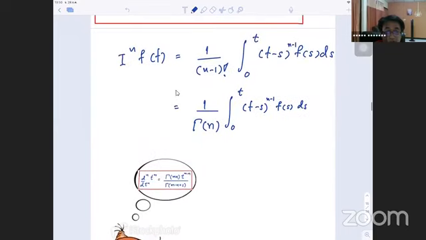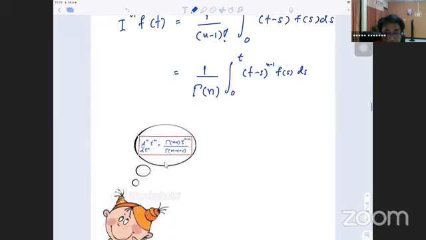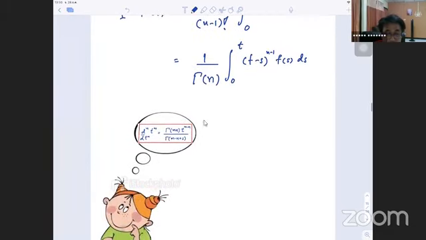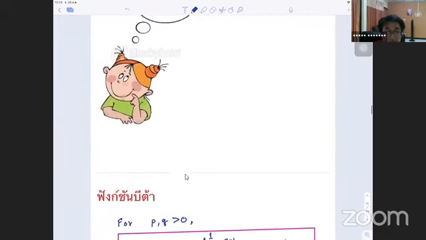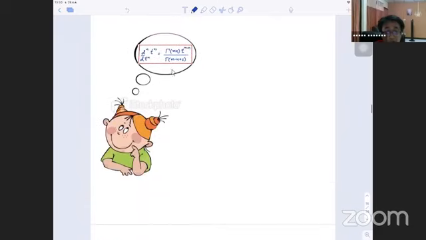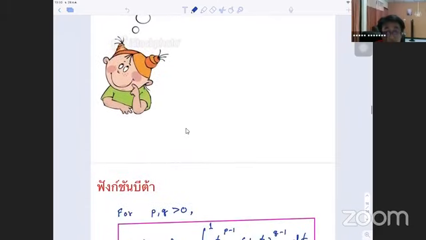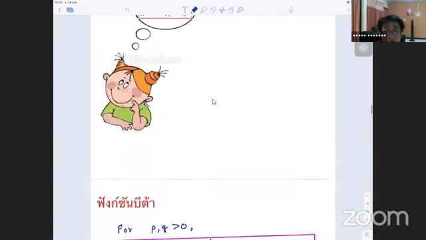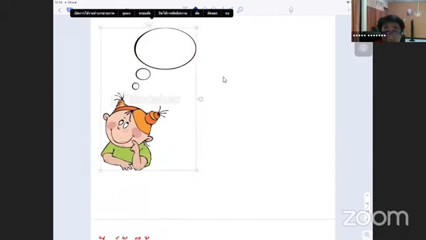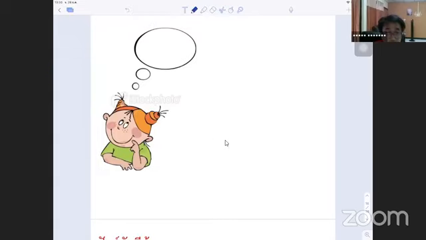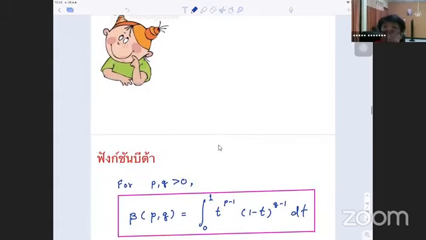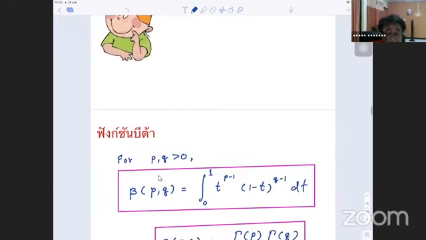If we have the above formula, then we can use the above formula by using the beta function. Beta function is defined by this.